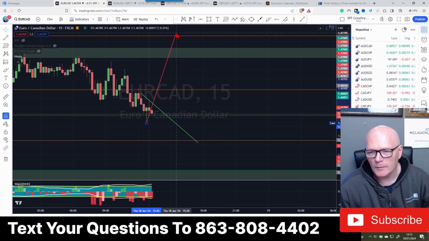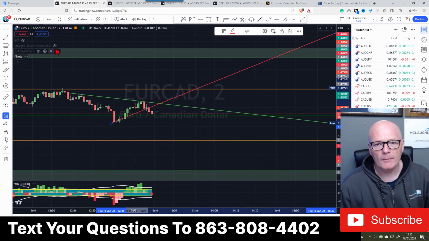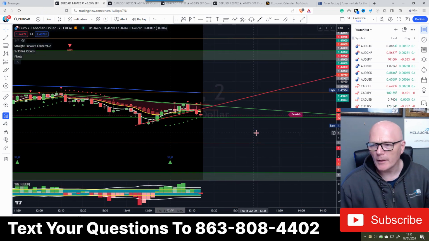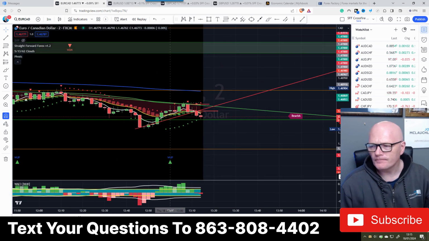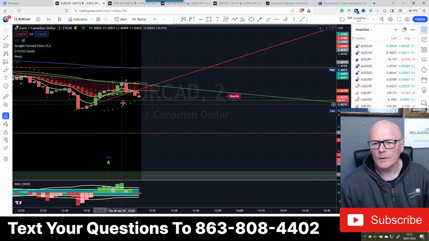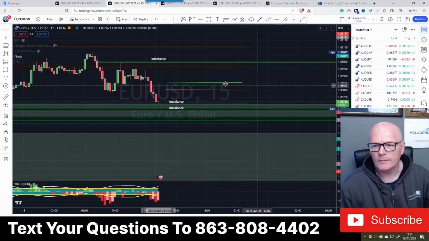Now obviously we've got to wait till 13:15, and we're 13:15 now. So we'll put it on the 2 minute time frame. We put our indicators back on, and we'll just make it a wee bit bigger so we can see it. There we go. Okay, so it's already gone down below the red trend line, so we're going to have to put these other ones on fairly sharpish.